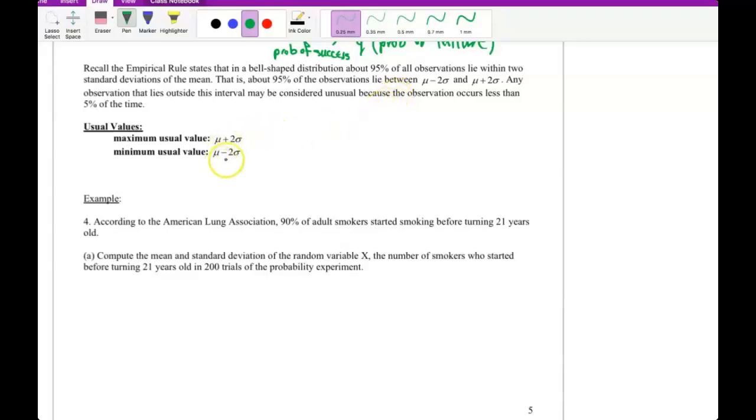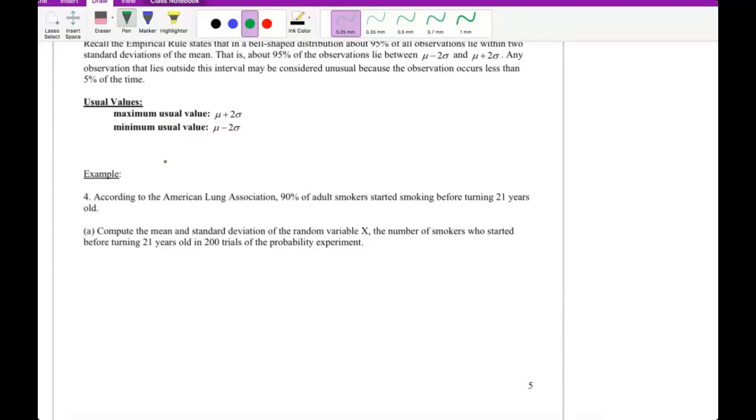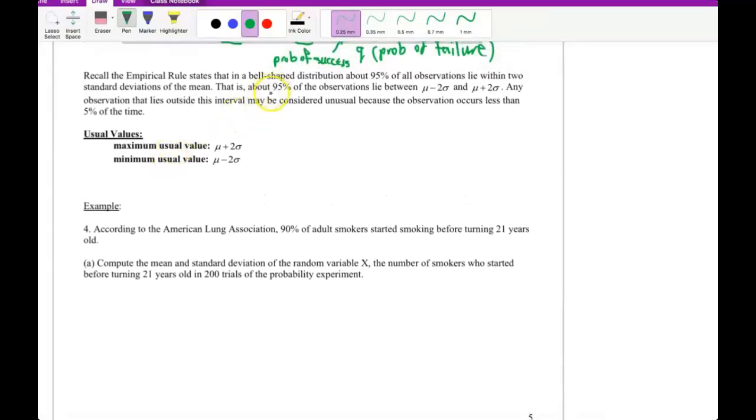So within 2 standard deviations, mean plus 2 times standard deviation is our maximum usual value, and mean minus 2 times standard deviation is our minimum usual value. And this was 95% of observations were in this interval, within 2 standard deviations.